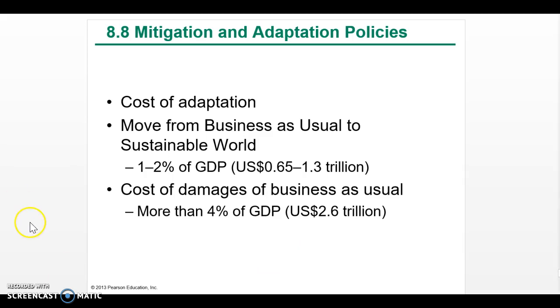But if we move to a sustainable world, it'll only cost us $1.3 trillion. That's a huge difference. The upfront cost might be there, but we will benefit in the long run. Remember, we might have to pay out of pocket first. The government might have to pay out of pocket first. We might need to invest in new technologies, but in the long run, it will save us money.